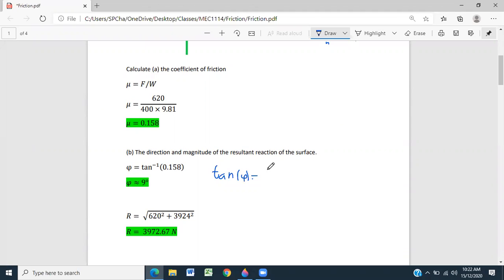Phi is equal to 620, which is F, divided by W, and we know that this is this. So we can just plug that in right here, so this becomes tan inverse of 0.158.